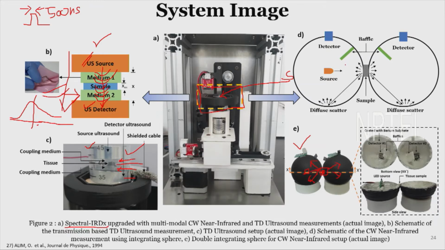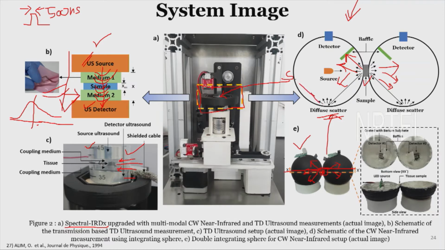The same thing you can see over here in the schematic. If I do the cross section view in the schematic, what you see is the source is placed inside the center, and then this is the tissue sample, which scatters the light both backward as well as forward. This light interacts with the inner surface of this sphere, where it gets diffusely scattered, and this diffusely scattered light is then scattered again.